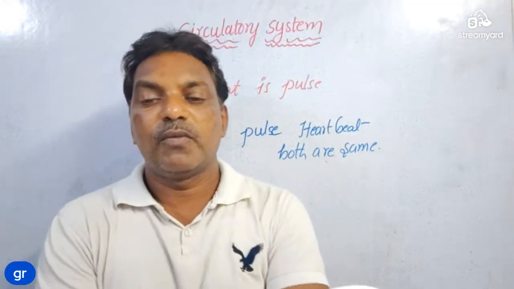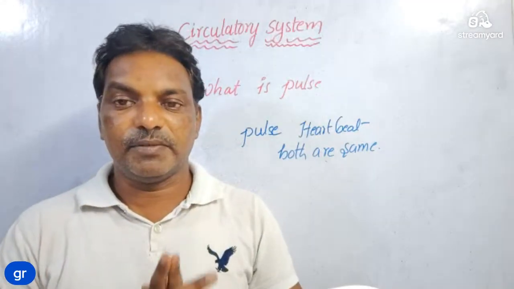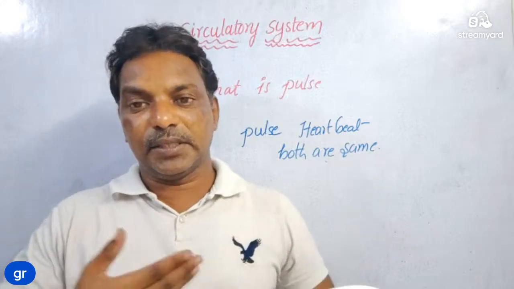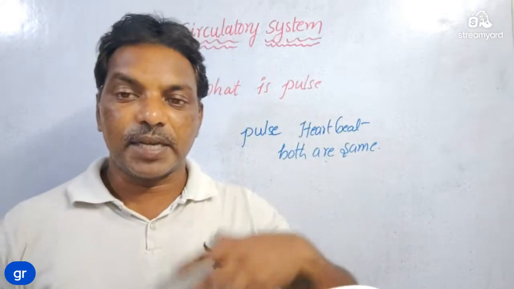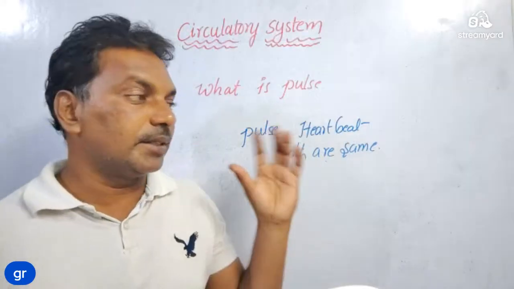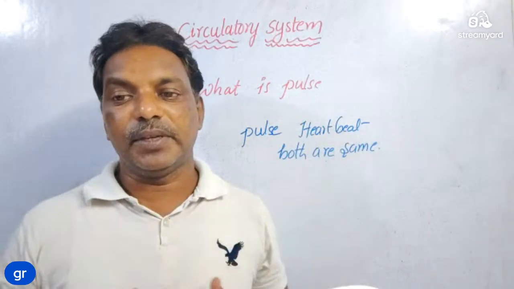Now we are in relax mode. If we find the pulse rate, it is our normal pulse rate. After jumping, if we test it, the pulse rate will increase because heartbeat and respiration increase. Due to the increased heartbeat, the flow of blood becomes somewhat faster, so the pulse rate will increase.